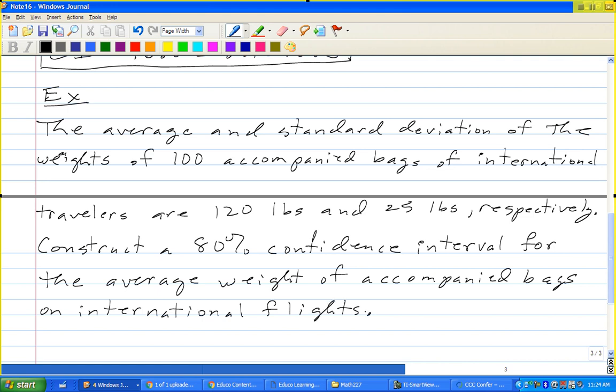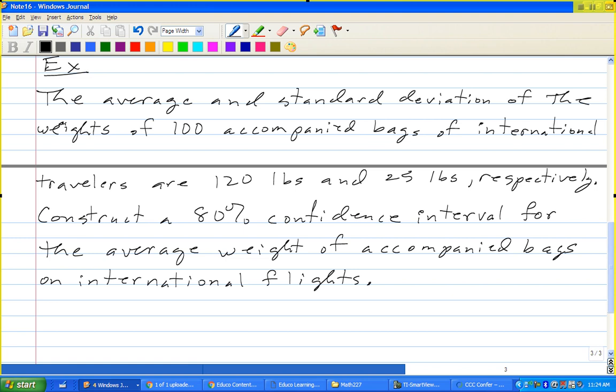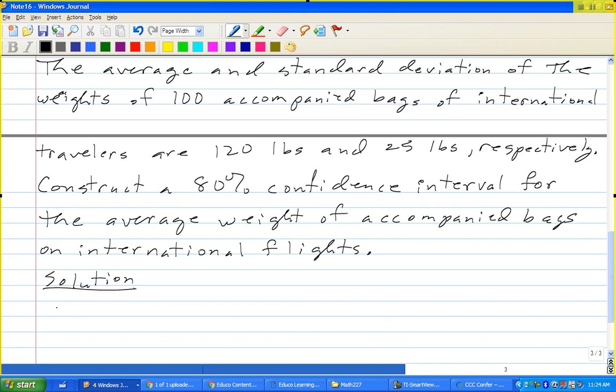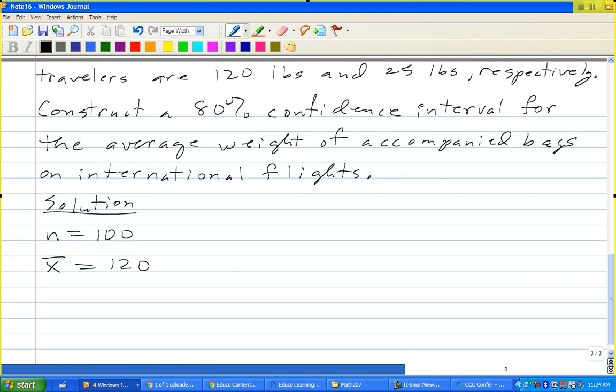Okay, so let's do this. In this case, n is 100. The sample mean is 120. The sample standard deviation is 25.